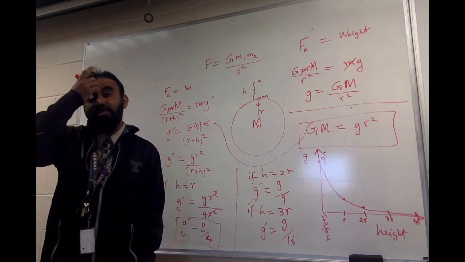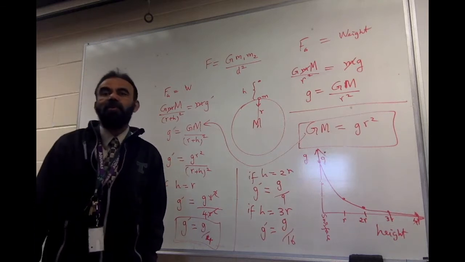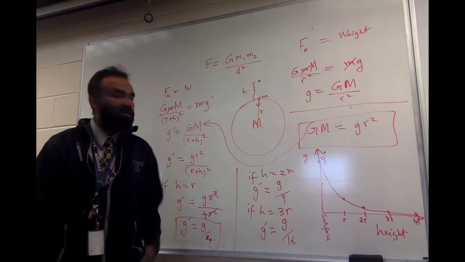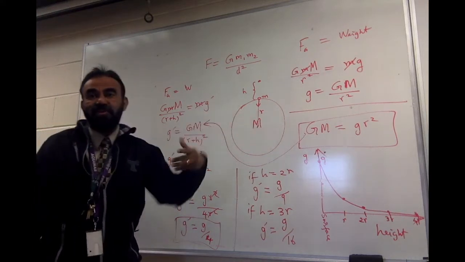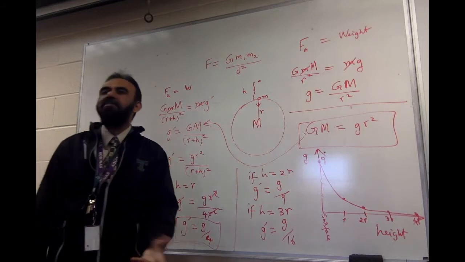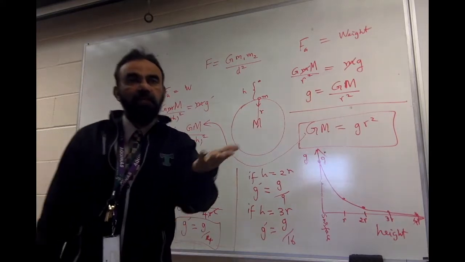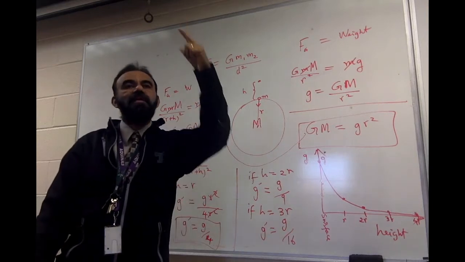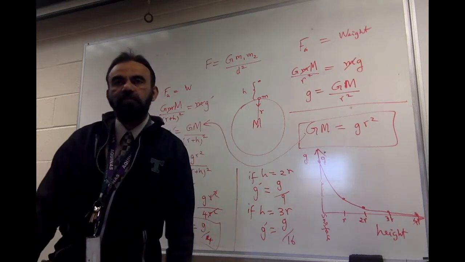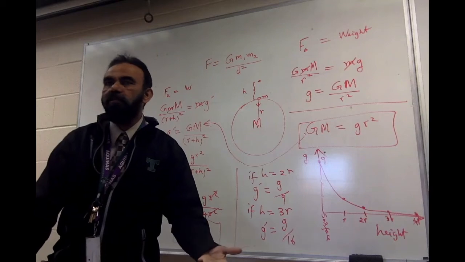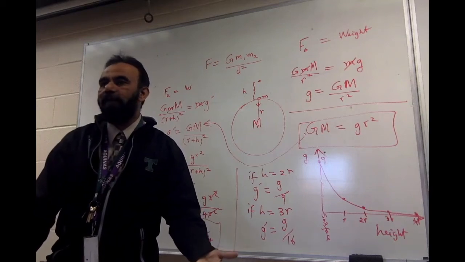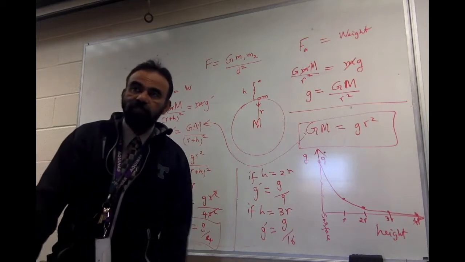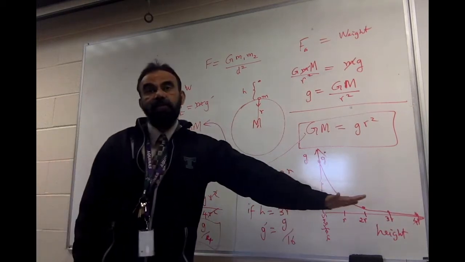You get it? It's almost like 0.1. That is, just 9 times the radius of the Earth, which is 9 times 4,000 miles, so 36,000 miles up. The g there is like 0.1 meters per second square. So g drops drastically that way.